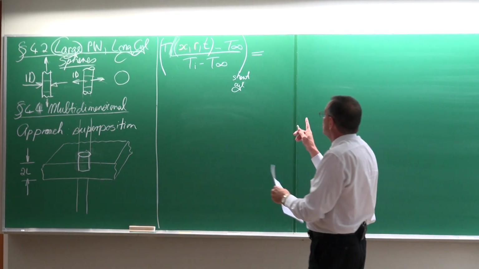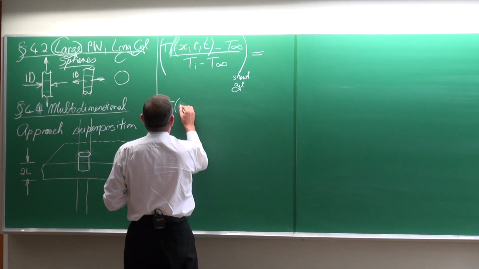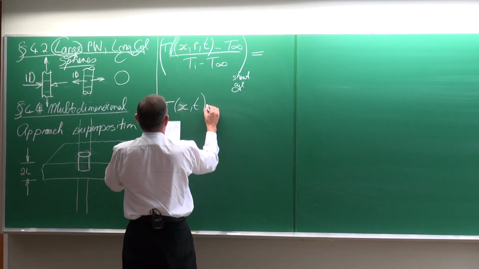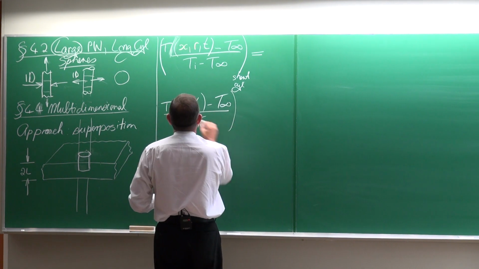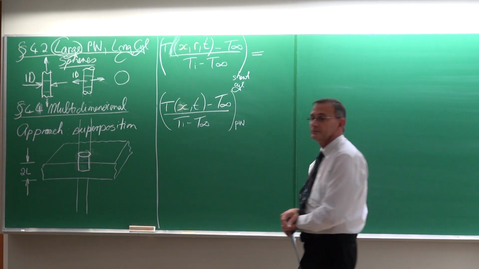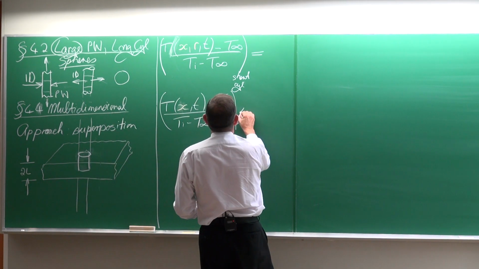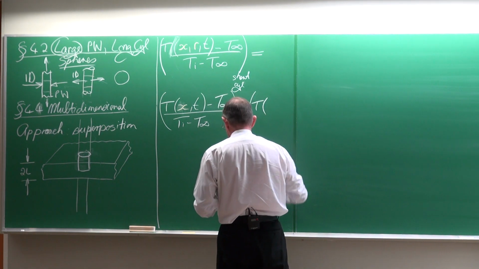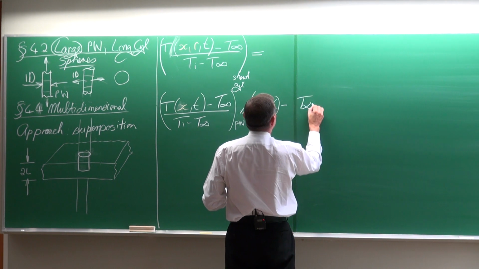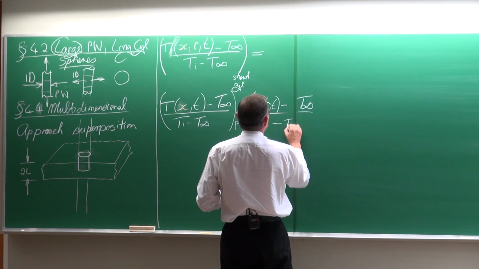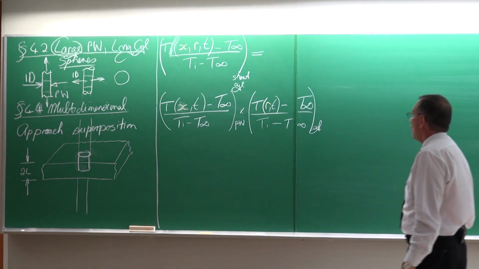And that solution for the short cylinder would be the solution, the temperature T(x,t) minus T infinity divided by Ti minus T infinity of the plane wall, PW, plane wall, multiplied by the temperature distribution, which was previously a function of r and t, T minus T infinity, divided by Ti minus T infinity of the infinite cylinder, the long cylinder.